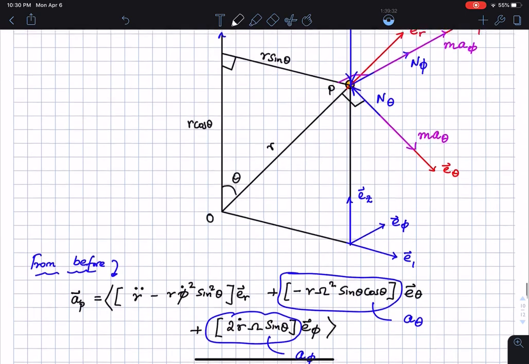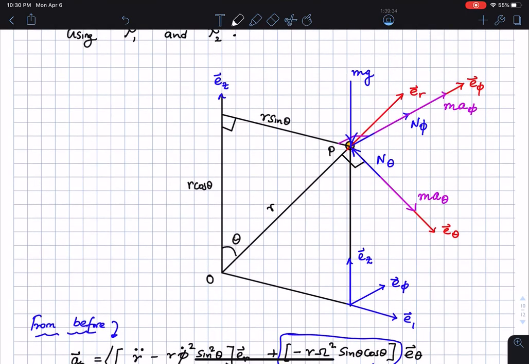And that's what we have here. If you take m a phi, and if I do a cross product with r sine theta, then I get a moment about the EZ direction. Likewise, if I take n phi, then the moment about the EZ direction has to be multiplied by r sine theta.